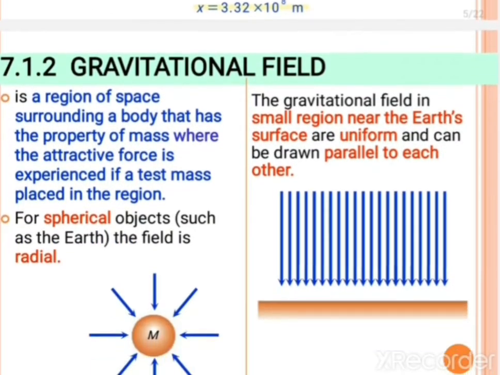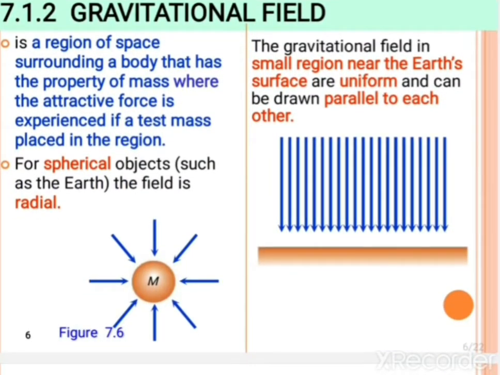We go to the next subtopic, 7.1.2, which is about gravitational field. A gravitational field is a region of space surrounding a body that has the property of mass where an attractive force is experienced if a test mass is placed in the region. For spherical objects such as the Earth, the field is radial.